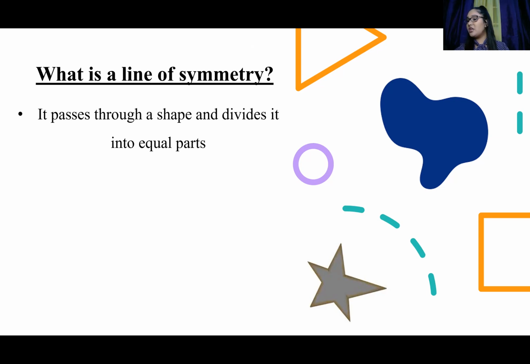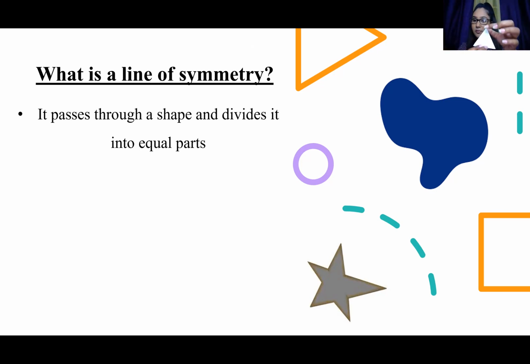Now I have a shape here that I will show you all. I have a triangle. I will draw a line and show you all how the line of symmetry works. This is my line of symmetry.